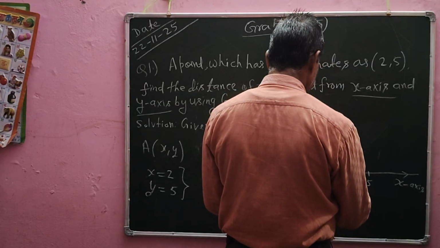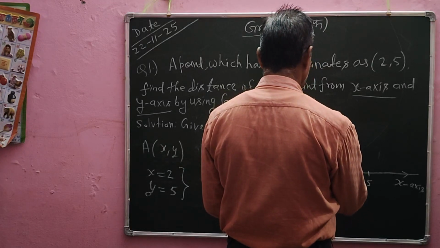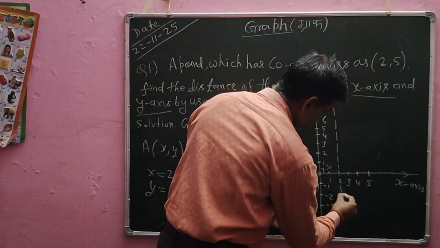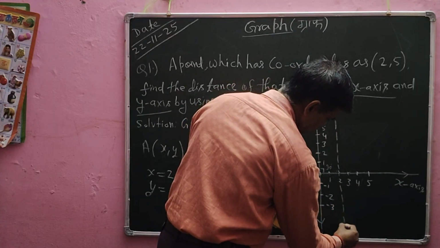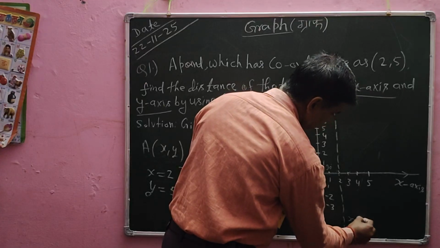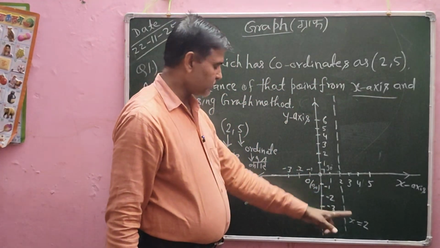I will draw a line like this. So I will say this is the x is equal to 2 line I have drawn in the xy plane. This is the x equal to 2 line.